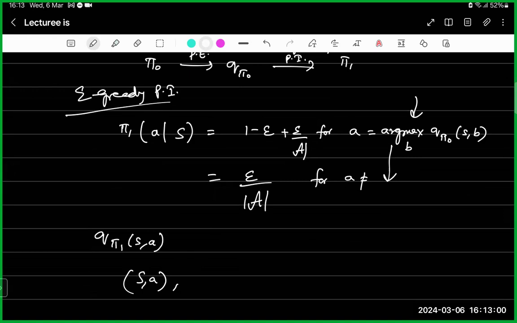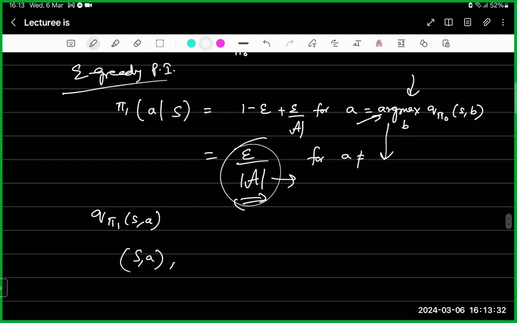So although A is not equal to this particular A, with some probability you are playing other actions also. There is at least this much probability that you'll see the same A again whenever you are in state S. Whenever you're in state S, there is some probability of seeing action A according to your policy. So that will give you a few more estimates for q pi of S comma A.